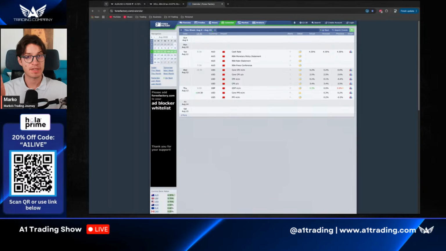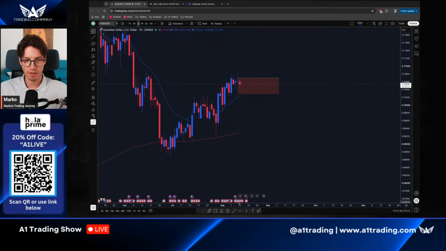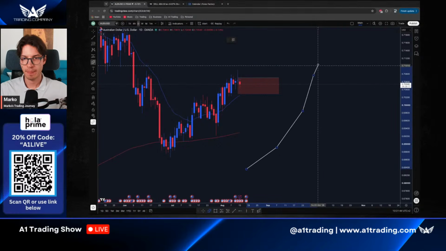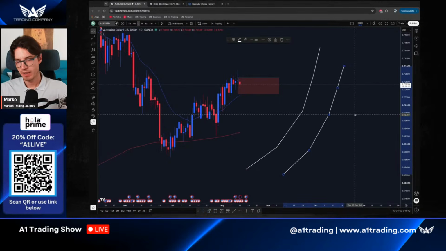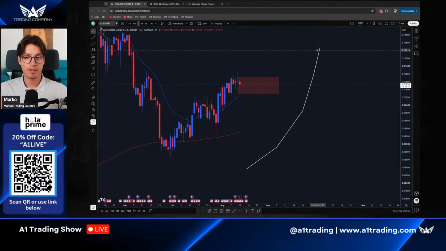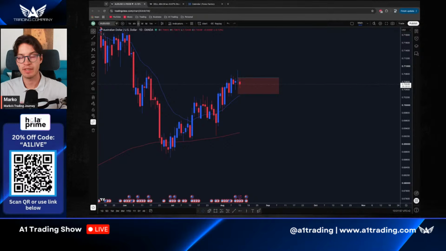So you will see the PPI going up and the CPI lagging behind it, because the costs from the producers definitely don't get paid by the producers. Like 95% of the time it gets transferred to the consumer.